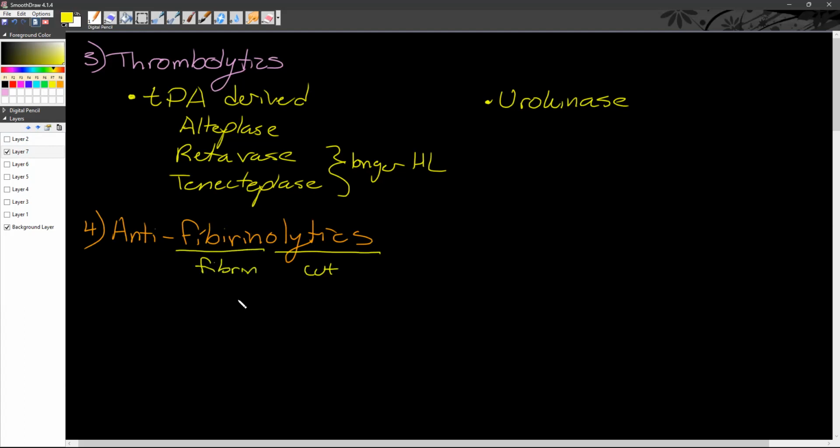So our fibrinolytics are the ones that break down fibrin, which is all of these guys up here, right? Where we care about the anti portion is where we have bleeding disorders. So these are conditions where someone is already at risk of bleeding.